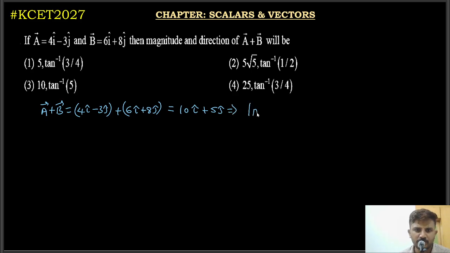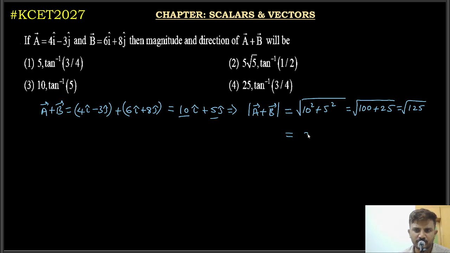The magnitude is the square root of the coefficient of i squared plus the coefficient of j squared. That is 10 square plus 5 square, equal to 100 plus 25, that is 125. So that is 25 into 5, that is 5 root 5. That is there in option 2. So that's why option 2 is correct.